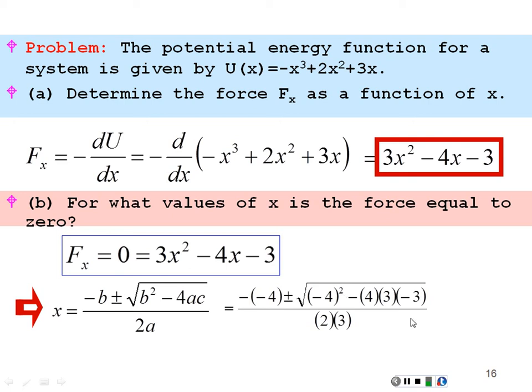So it'll be 16 plus something, over 2 times a, 6. We're going to end up with 4 plus or minus 7.21 over 6. So two answers, negative 5.35 or 1.87, corresponding to a springiness going extension or compression. Either one, the force will be equal to 0 at those points.